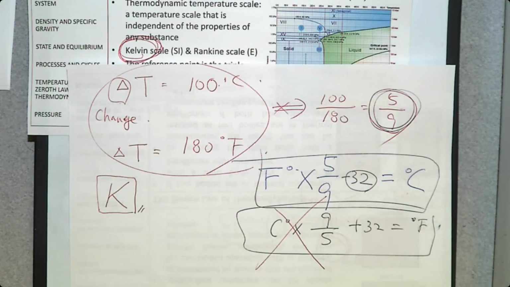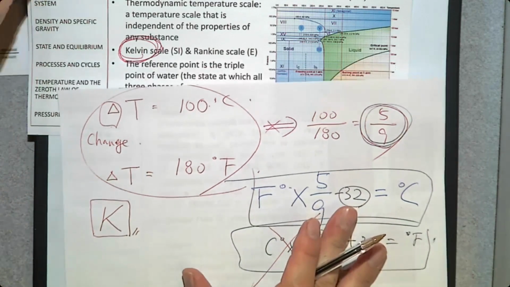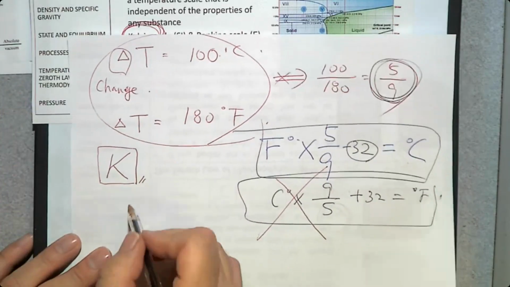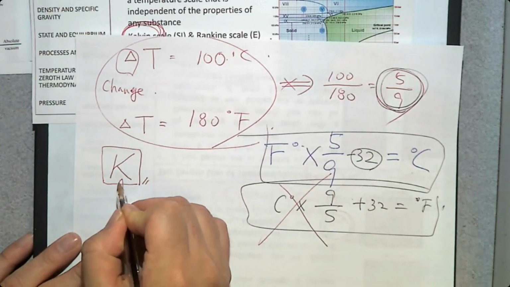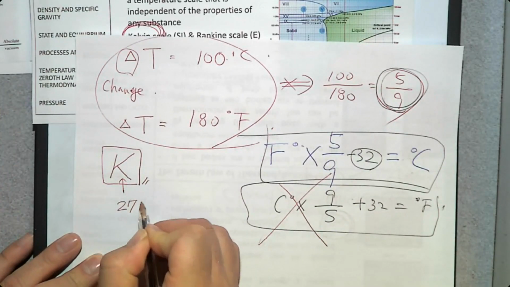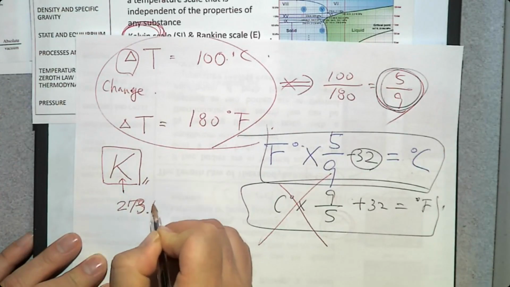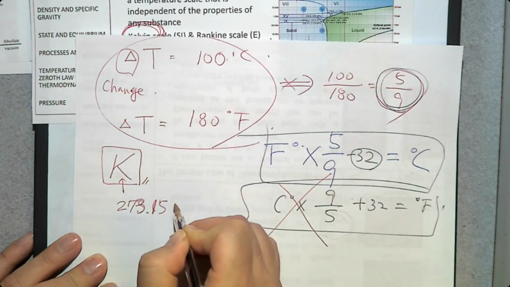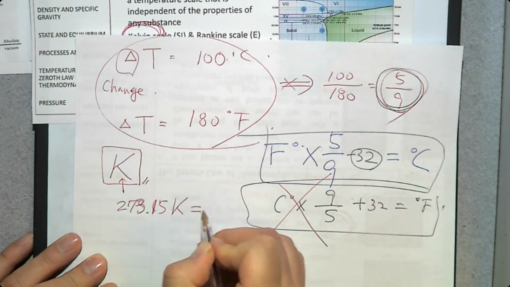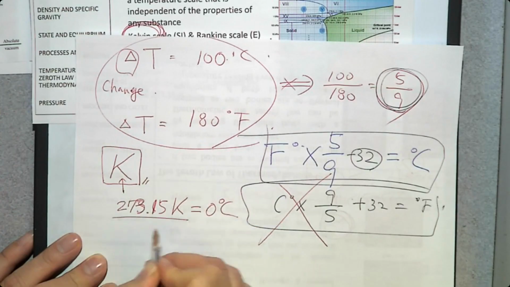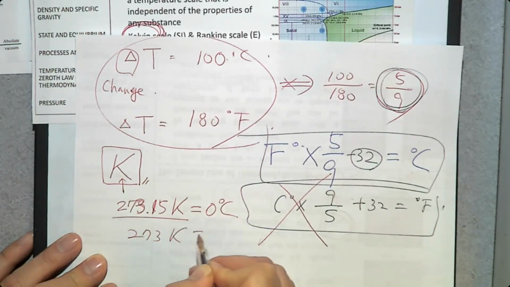How can we get Kelvin from Celsius? Very simple. We assume that ice point in Kelvin is 273.15 Kelvin. You can just say 273, which is fine.